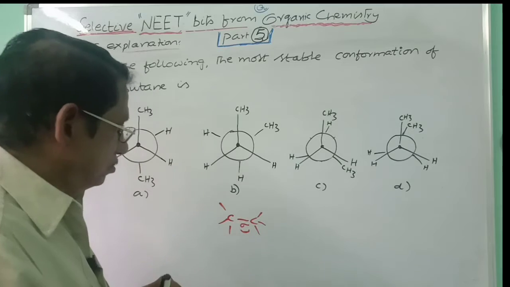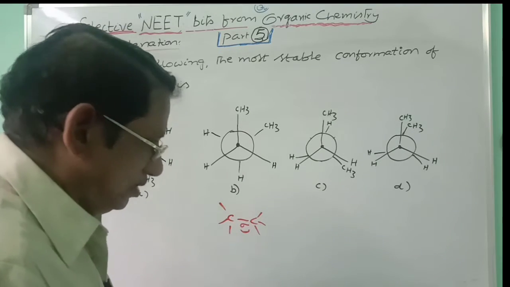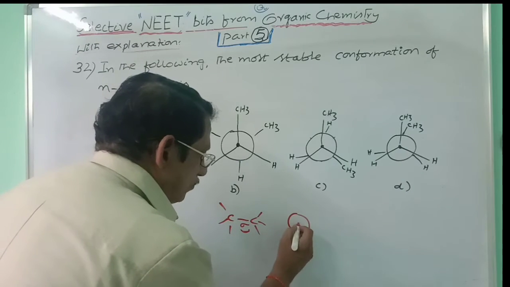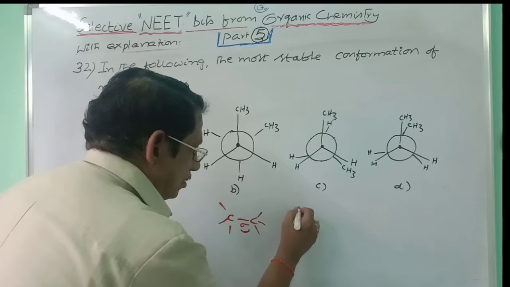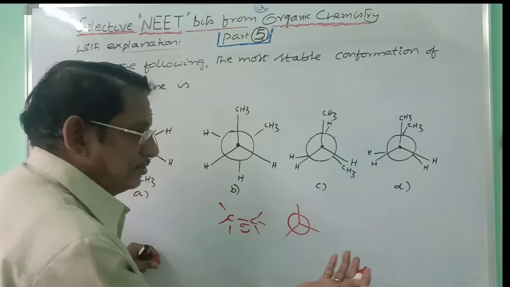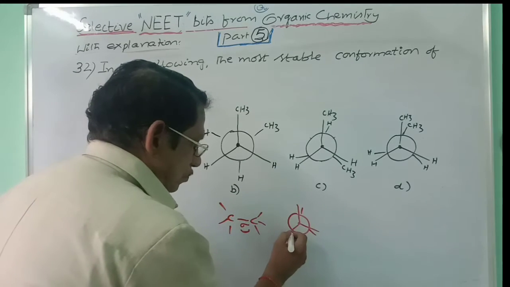Now, in order to have a clear-cut understanding, we will take the Newman projection method, in which this is the front carbon, this is the rear carbon. The front carbon is carrying 3 groups, the other carbon is also carrying 3 groups. One group is here, one group is here, another group is here.